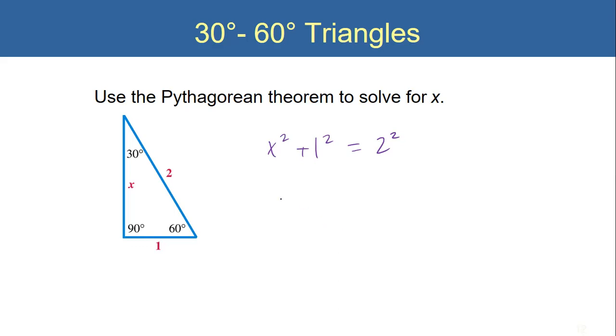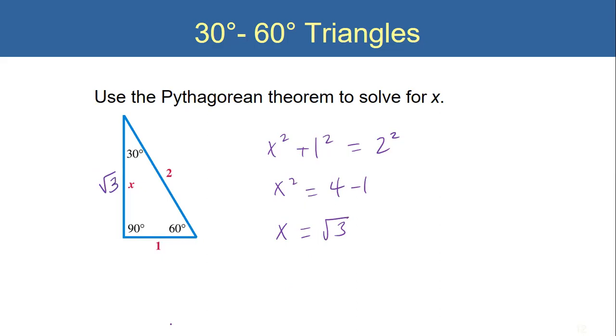So that gives me x squared equals 4 minus 1. Therefore, x equals the square root of 3. Now we know that x is the square root of 3.